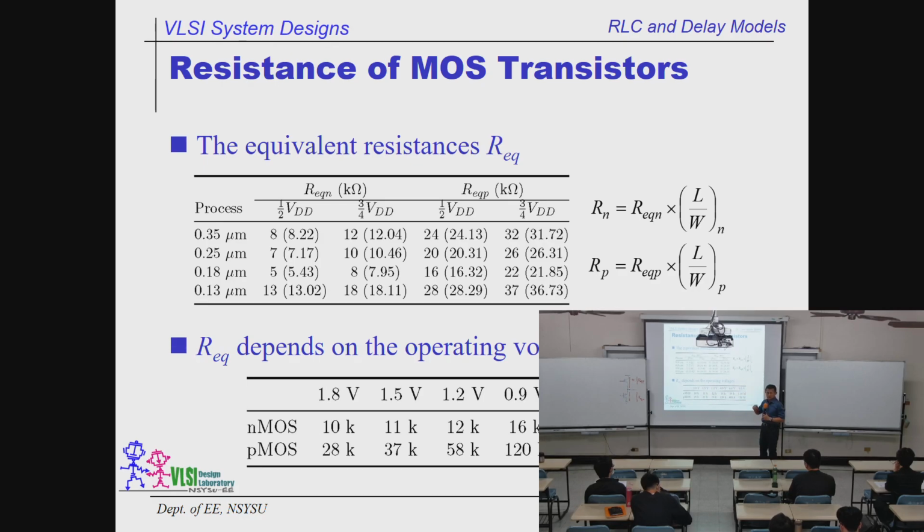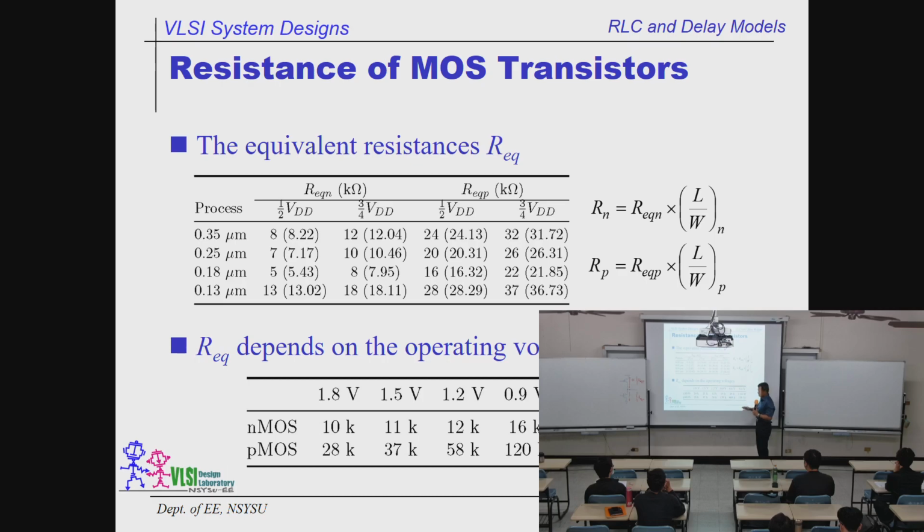One day, some of you will become very good or excellent designers. Some of you would like to use, for example, half the VDD to carry out a so-called low power operation. Fine, be my guest. The lower the voltage, the higher the resistance.